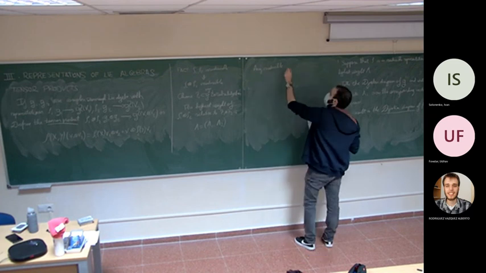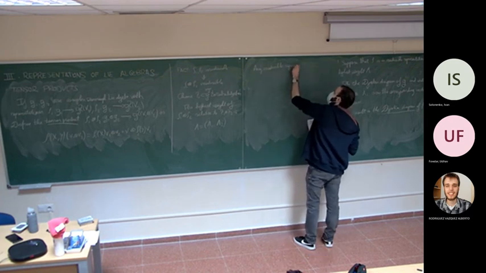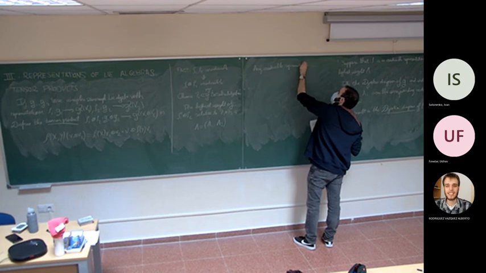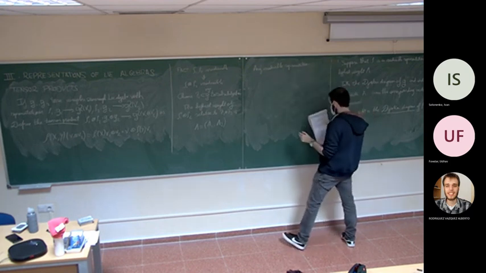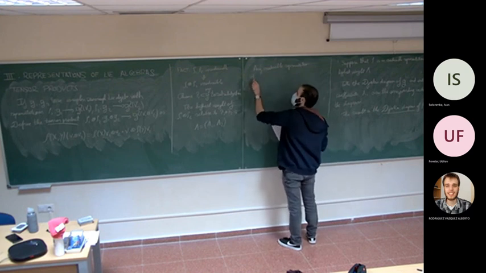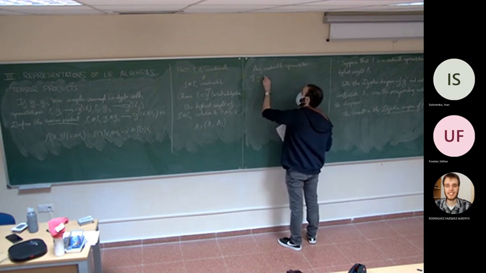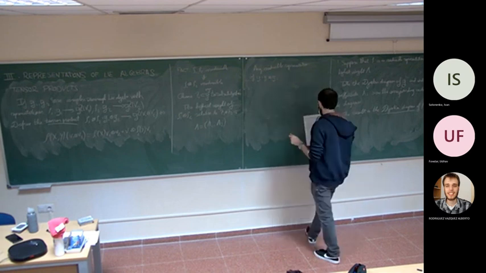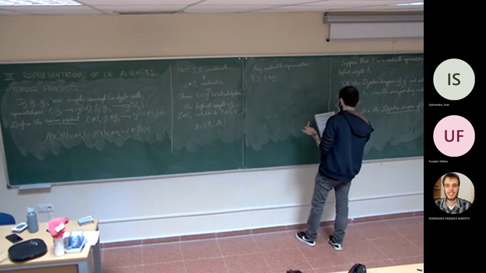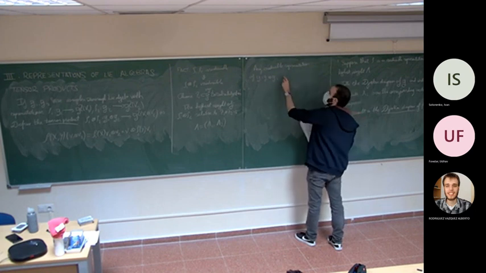Any irreducible representation of G1 plus G2 is obtained by tensoring irreducible representations.